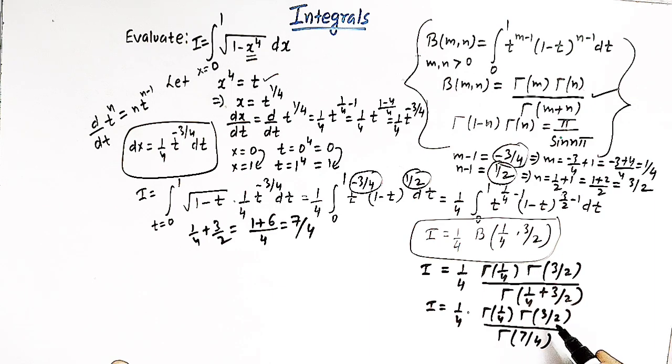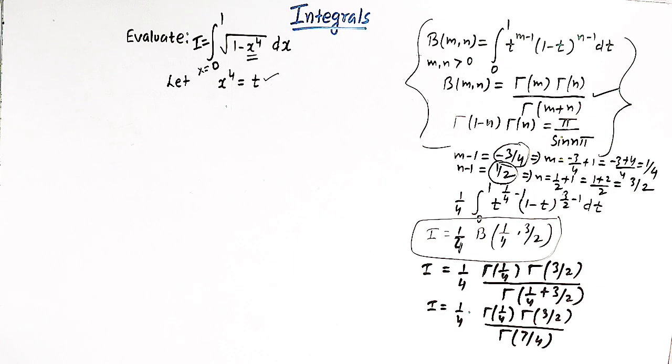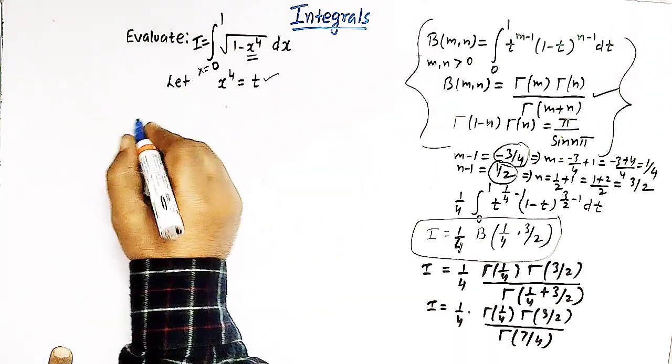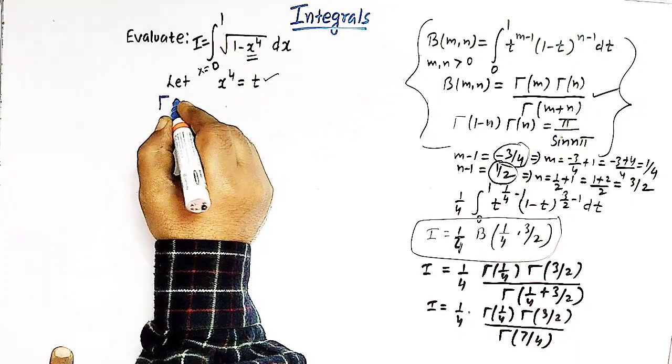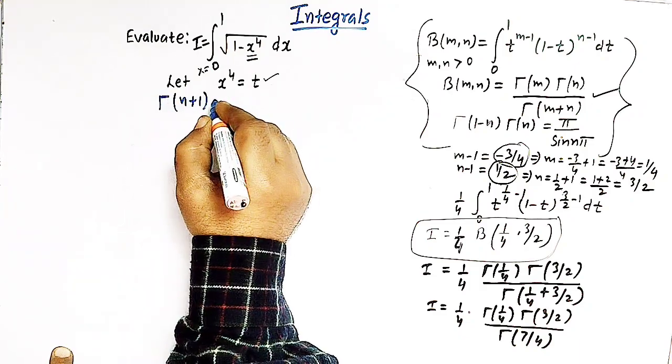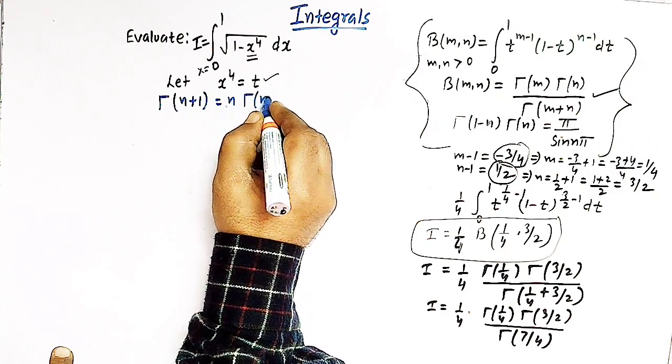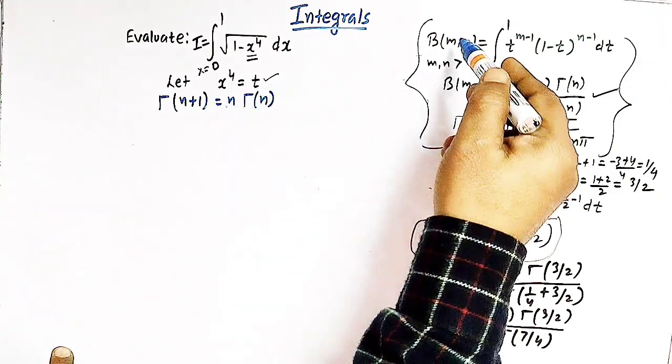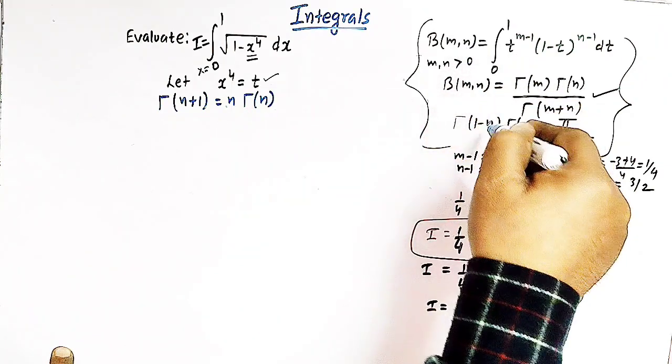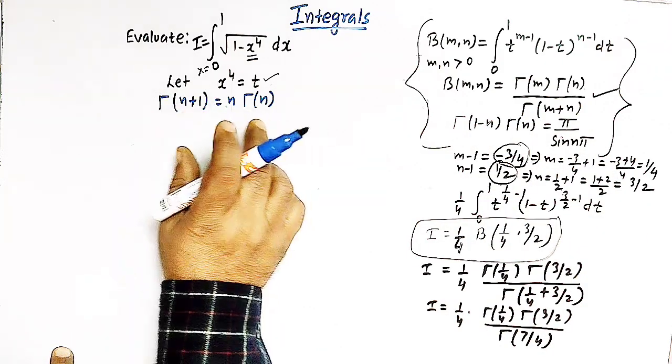Now let us write the values of gamma 3 by 2 and gamma 7 over 4, because here we are going to express this integral I in terms of gamma 1 over 4. So now we know an important relation, that is gamma n plus 1 is given by n times gamma n, right? So here in the list of these three important results, we can also add this one.